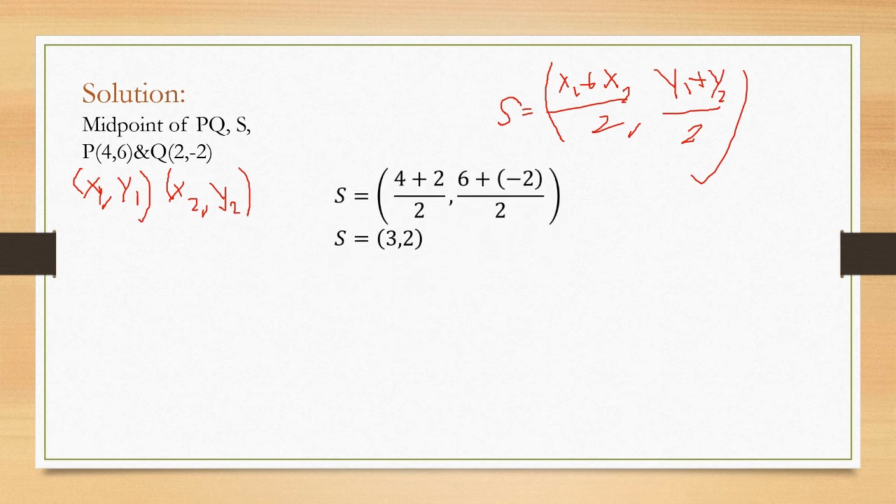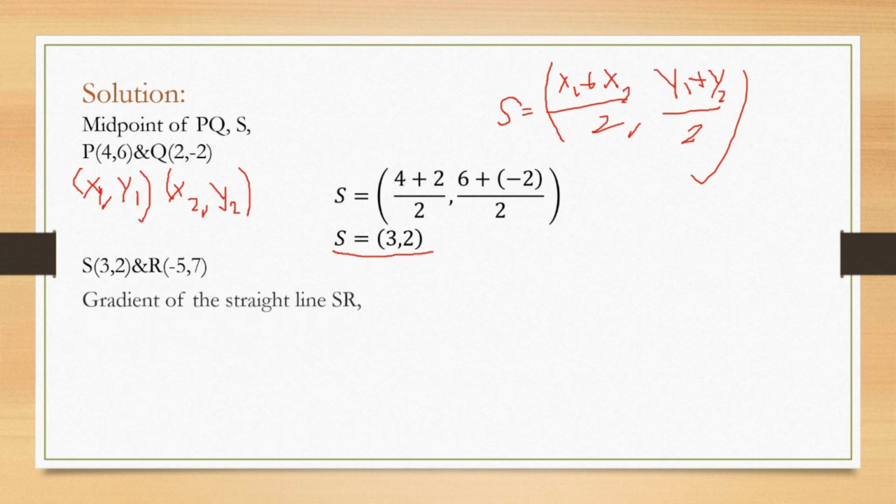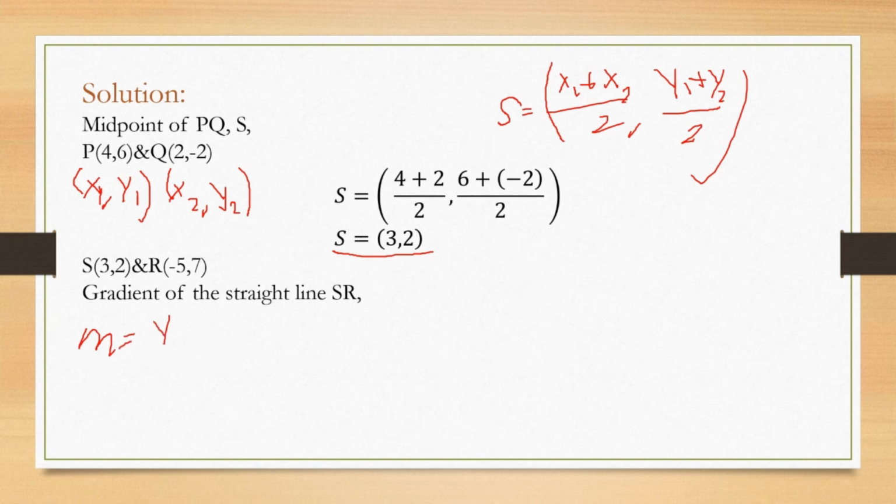And substituting the values of P and Q into the formula, we can determine the value of S. And finally, by knowing the values of S and R, we can get the gradient of the straight line by using the formula m equals y2 minus y1 over x2 minus x1.